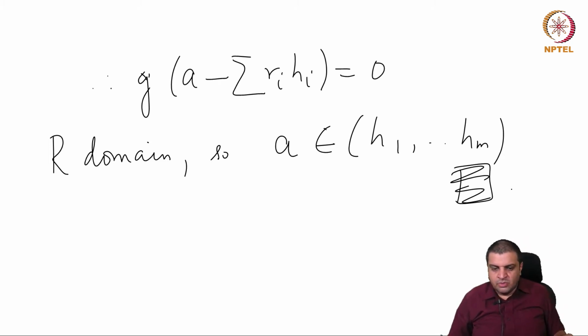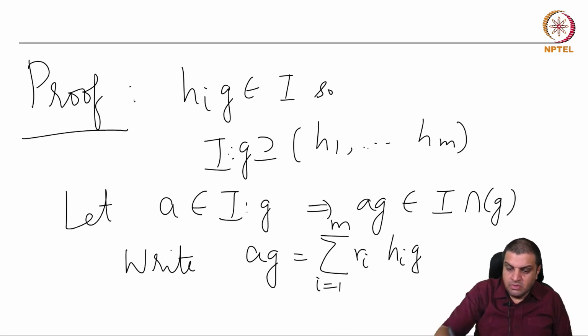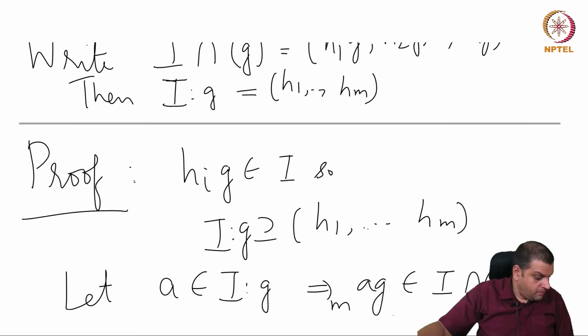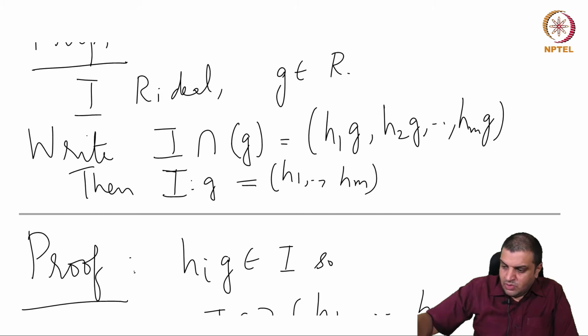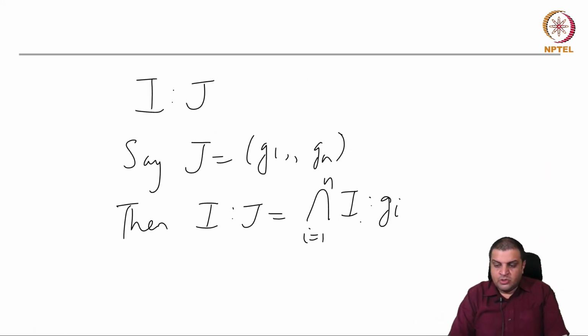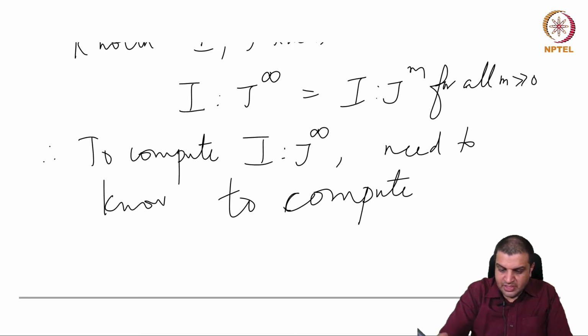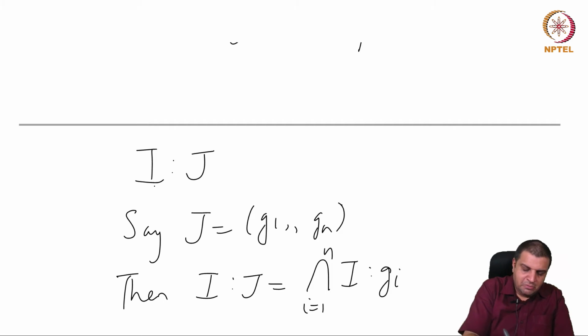So this proposition gives us a way to compute I colon G. But let's go back to where we were. We wanted to do saturation. We concluded that if one can compute colon ideals arbitrarily, then one can do saturation also.